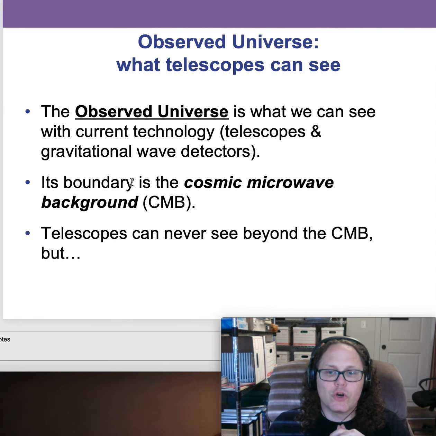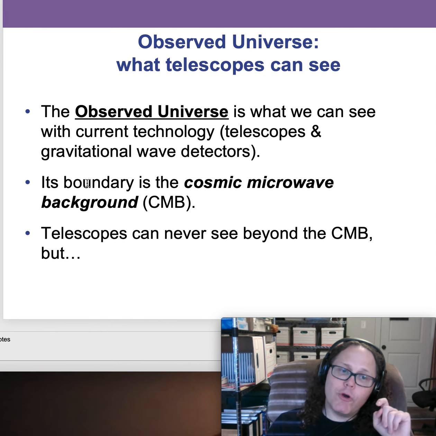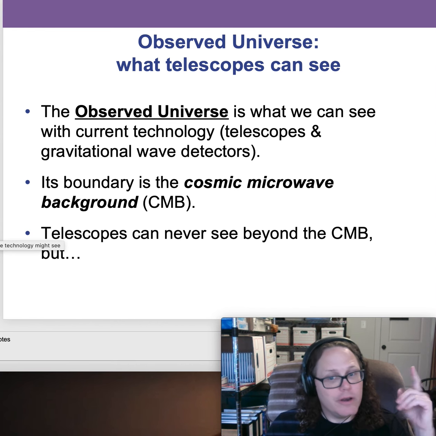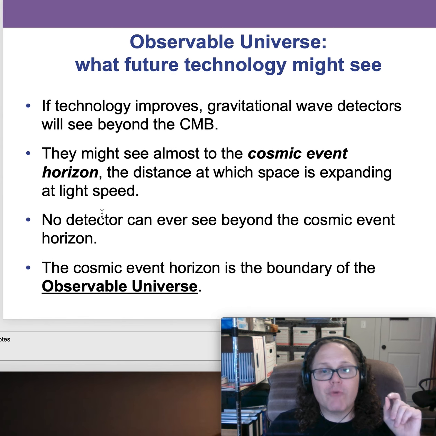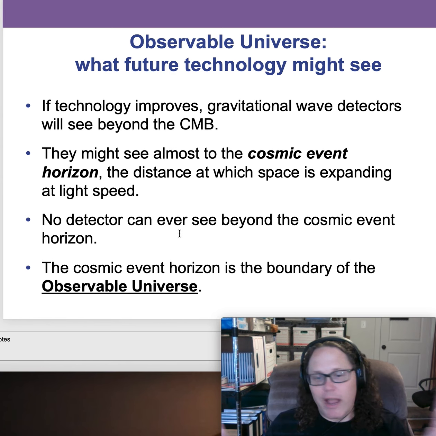That's the observed universe. However, there is another way to probe space-time that theoretically could see beyond the cosmic microwave background, not using light, but using gravitational waves. Gravitational wave detectors are brand new. They just came online in 2015.